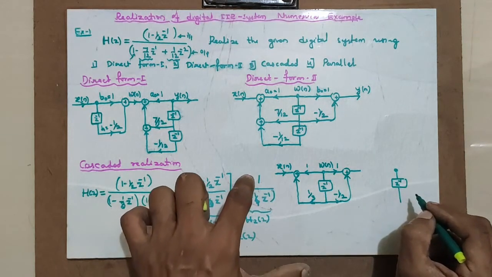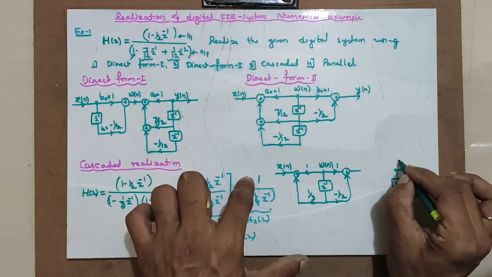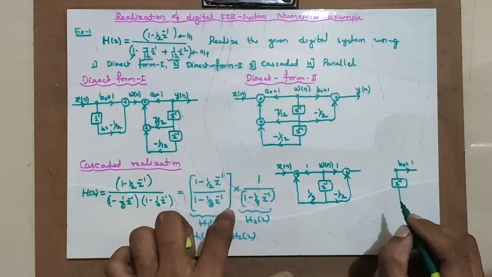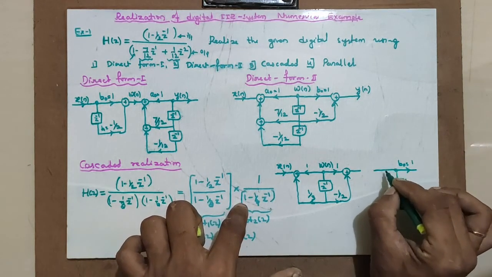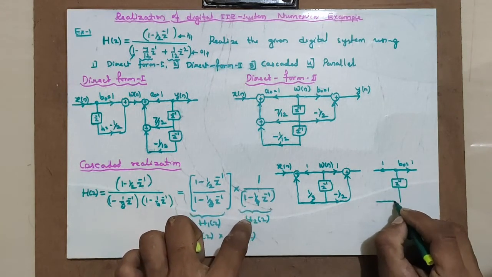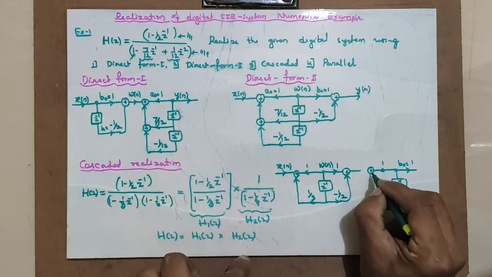For the second structure H2(z), b0 becomes equal to 1. No more points. Coming to the denominator, this is 1 and this is minus 1 by 4, which becomes 1 by 4, with one summing point.